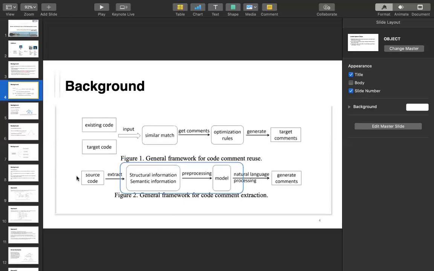The second framework is to extract structural and semantic information from the source code using a model, so that we can leverage that information and generate the corresponding comments. This paper focuses on extracting the structural and semantic information from the source code using a model.